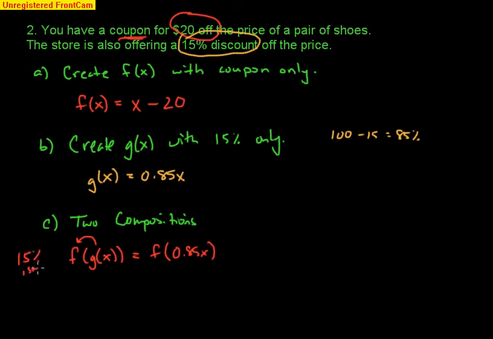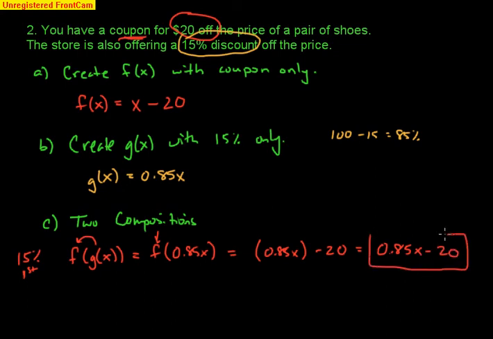Now the only function is f, so we replace f with what it is, x minus 20. And in place of x, we put the 0.85x. There's no number in front of the parentheses, no exponent on the parentheses. We drop the parentheses and we get our answer of 0.85x minus 20. So that is if we use the 15% first.